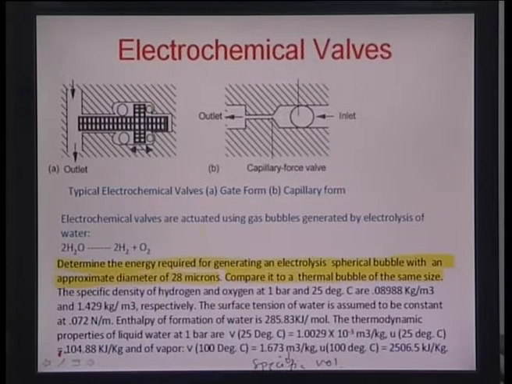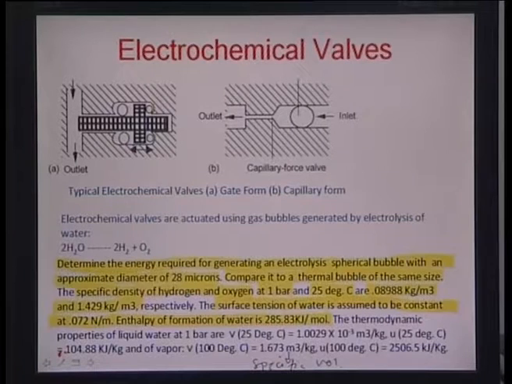of the same size. Some parameters given are the specific densities of hydrogen and oxygen at 1 bar pressure and 25 degrees Celsius: 0.08988 kg per meter cube and 1.429 kg per meter cube respectively. The surface tension of water is assumed to be constant and is taken as 0.072 newton per meter. The enthalpy of formation of water is about 285.83 kilojoule per mole.